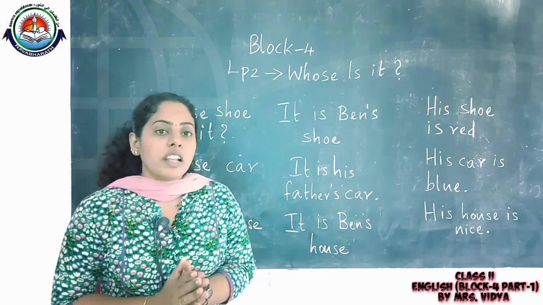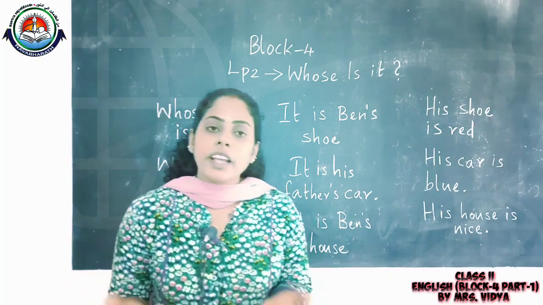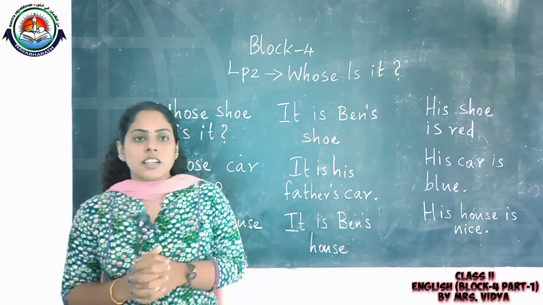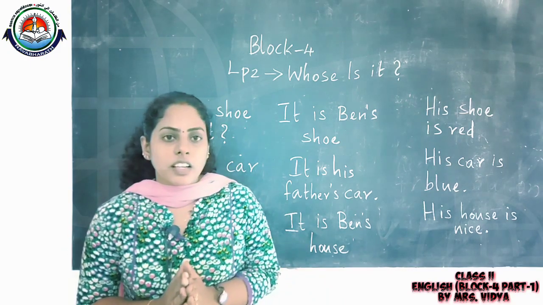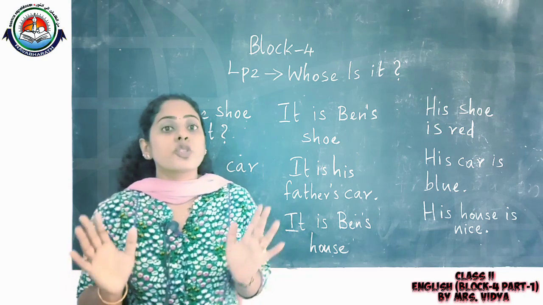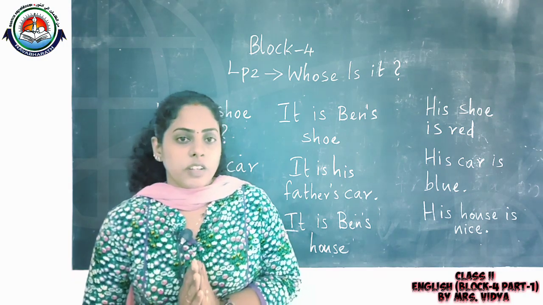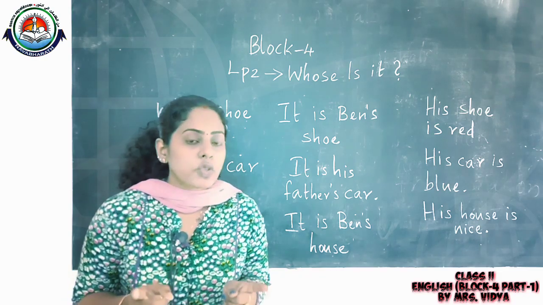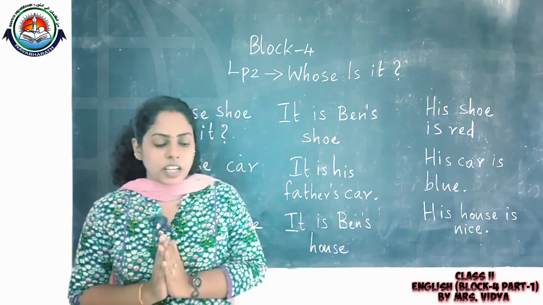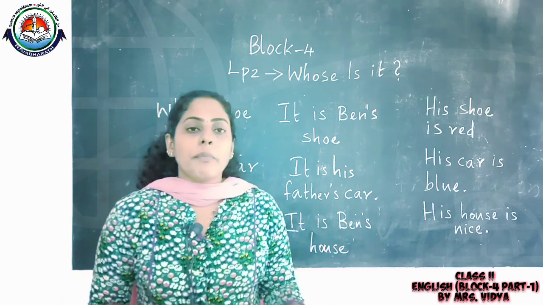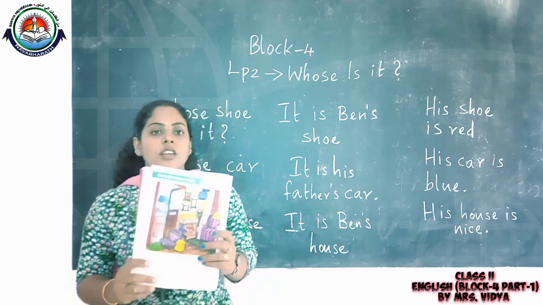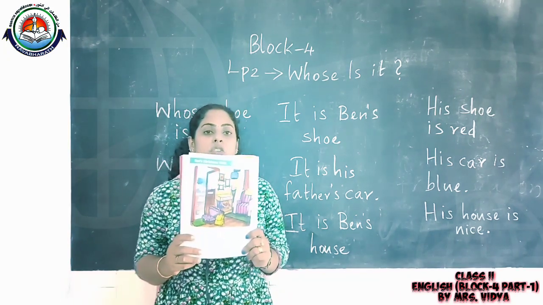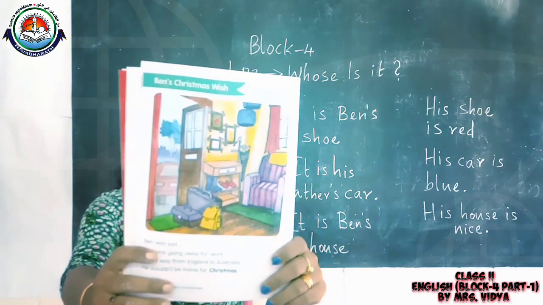Today we will learn how to make sentences about things that belong to us. So what you have to do is, first you have to take your textbook. Take page number 12. So this picture, take this picture.